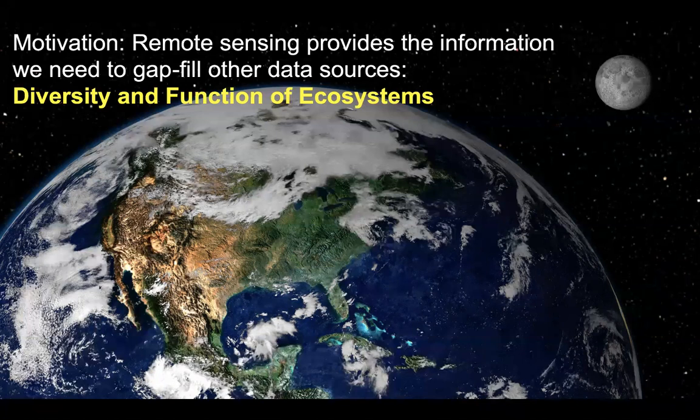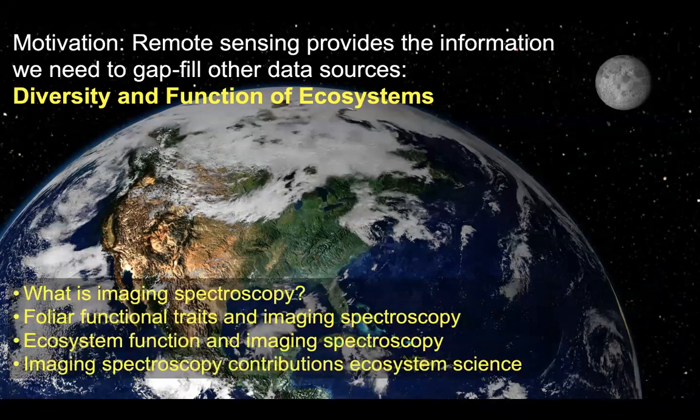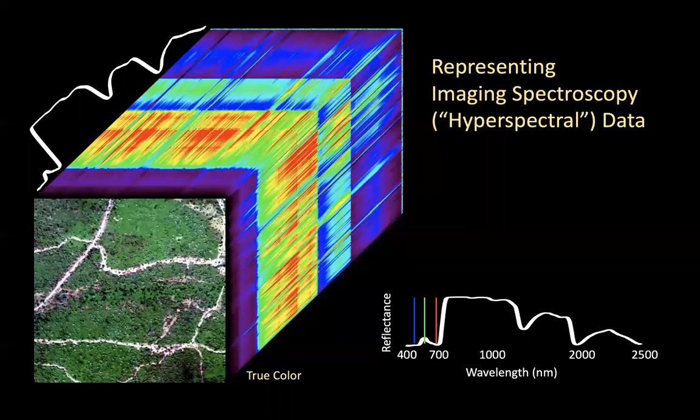But I'm going to talk almost exclusively about natural ecosystems today. To walk you through what I'm going to do, I'm going to talk about what imaging spectroscopy is, what functional traits are, and then what that means for ecosystem function, and then how we can use the outputs of what we're doing to understand ecosystems on Earth better.